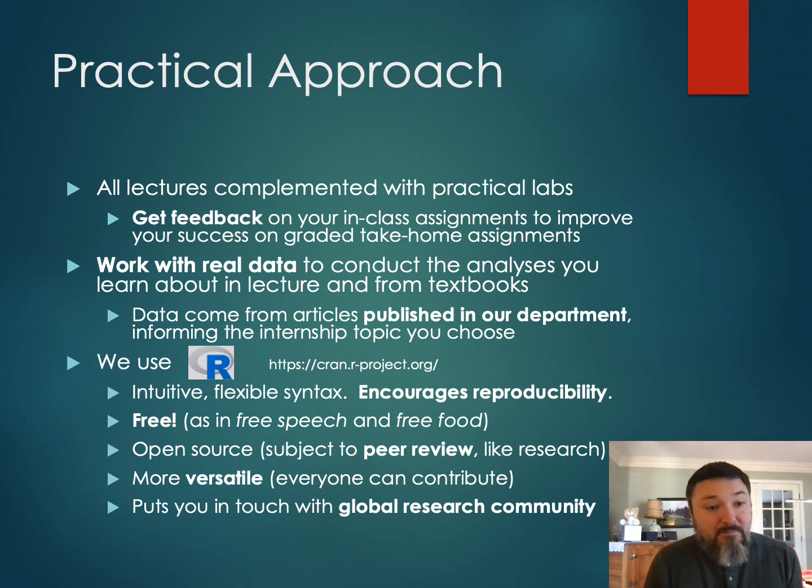And it is free, as in free speech and as in free food, so it's openly accessible to anyone. It's also open source, which means that it's subject to peer review, just like research goes through a peer review process. Software can go through a peer review process. We don't just have to trust that they're doing the right thing. We can actually break open that software and see when something is going wrong or make suggestions for improvement.